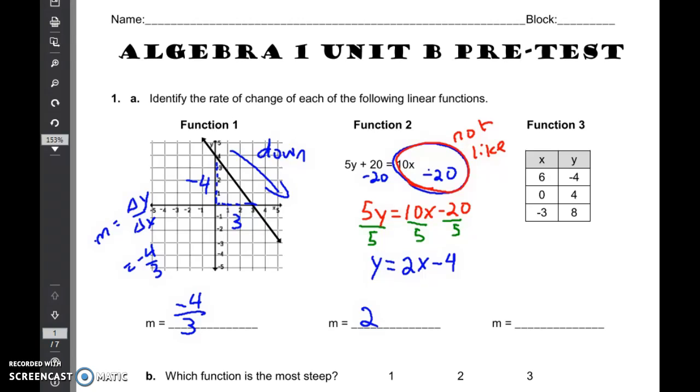Function 3, we need to find our change in y. From negative 4 to positive 4, I go to 0, which is 4, and 4 more, which is 8. Or you say 4 minus negative 4 is 8. Second minus first. This should be clear that it's down 6. From 4 to 8 is up 4.